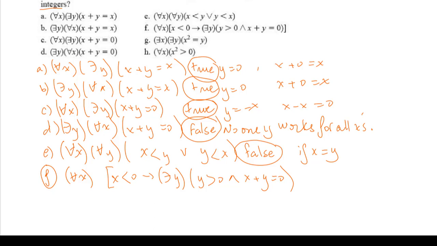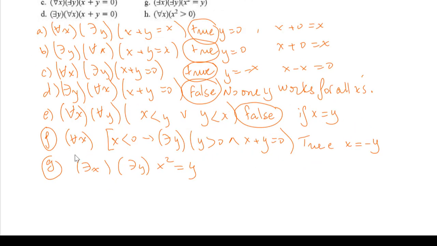And this is true. Why is that? Because if x equals negative y, then there exists y. X is negative and there is a y that is its opposite, because negative x is positive. So if I add them up, you get 0.